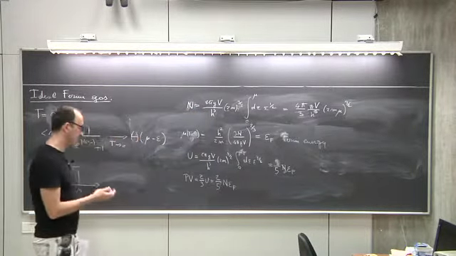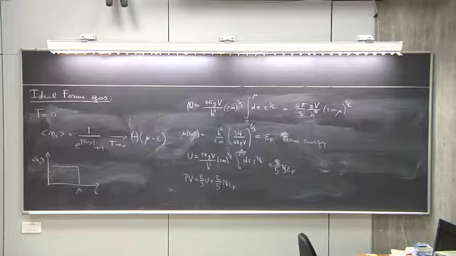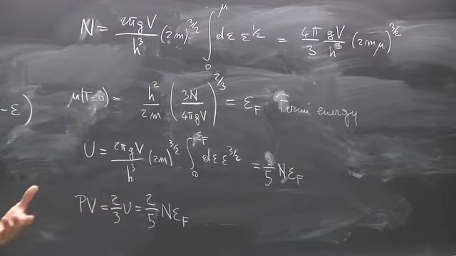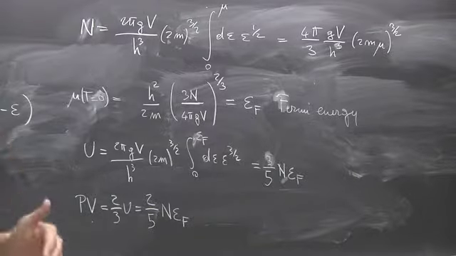So you see, the pressure of this gas is non-zero even at temperature equal to 0. So this is quite remarkable. If you take a classical gas, the pressure goes to 0 linearly in temperature.